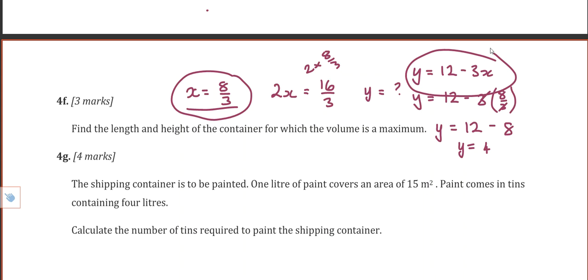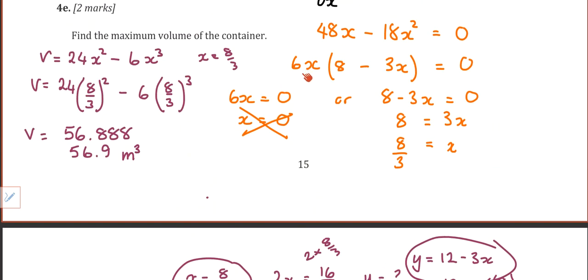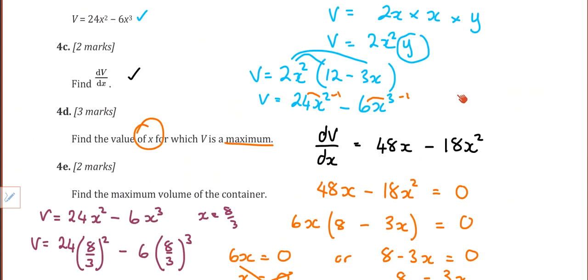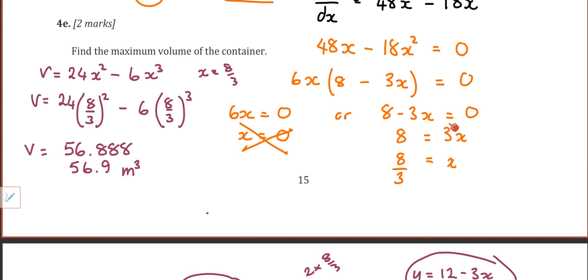Can you see, by the way, how we could have made our lives an awful lot more difficult if, when we had to solve this, I'd have written down 2.67 instead of 8 over 3?